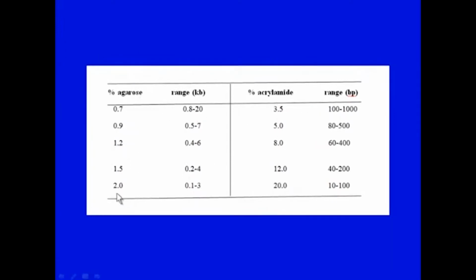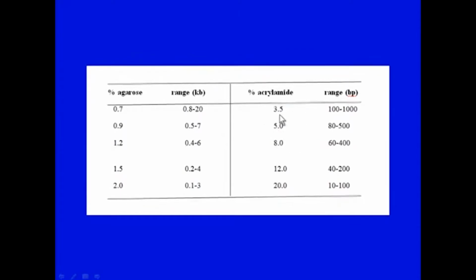Likewise, up to 2% agarose can give you 0.1 kb to 3 kb separation. As you increase the concentration of agarose, the pore size will decrease, and so the size of the DNA separated will also be smaller as compared to 0.7%, where the pore size will be much larger.